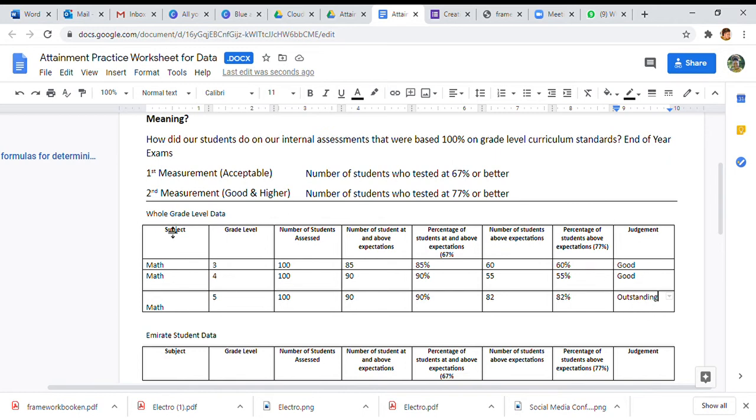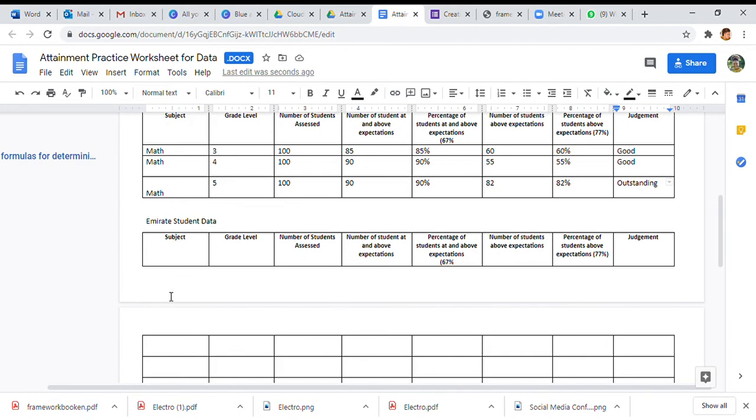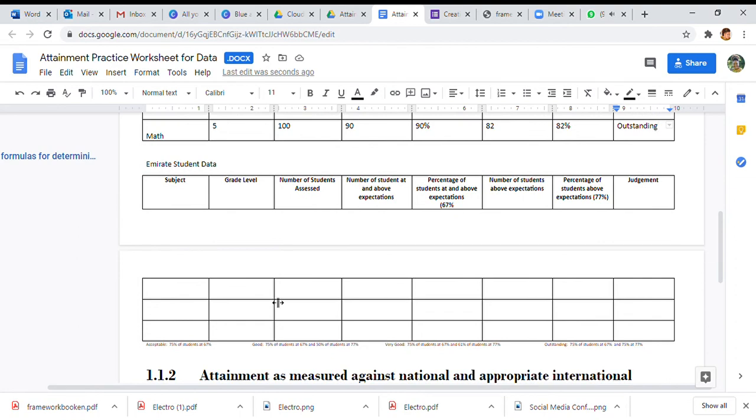So I can take my overall judgment from good to very good because this one was so close to being very good, and now my judgment for my phase could be very good because my outstanding was so high. Now, you do have to do the same thing for Emirati students, pulling the same information just for the Emirati student data and getting the judgment that way.